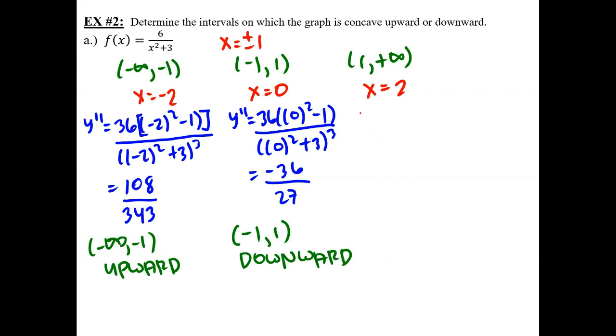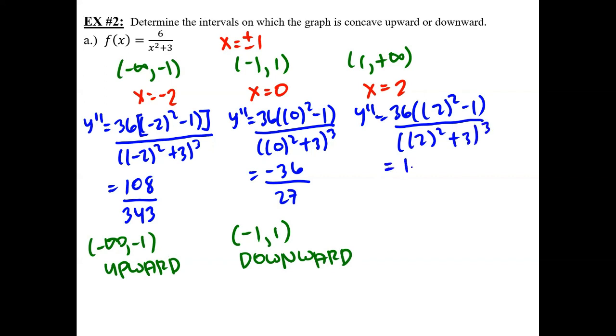And last, we have y double prime equal to 36 times 2 squared minus 1 all over 2 squared plus 3 cubed. So it's the same as 108 over 343.